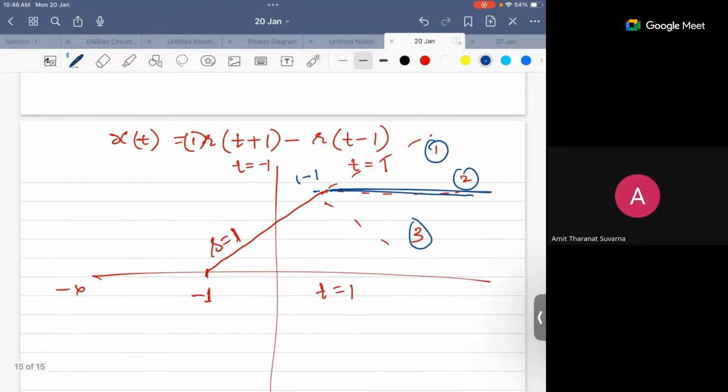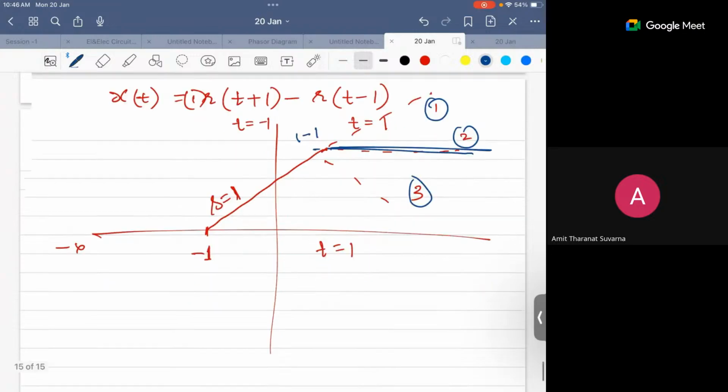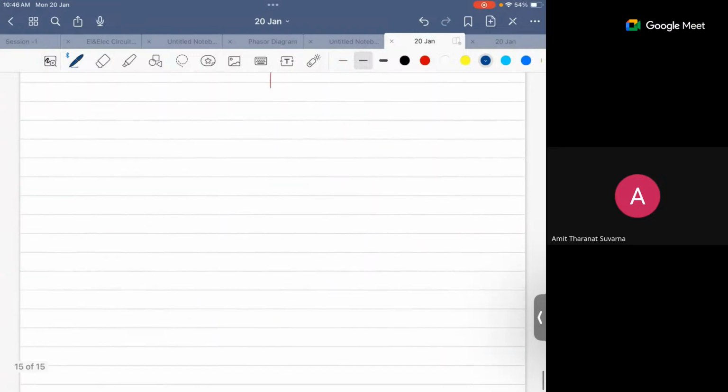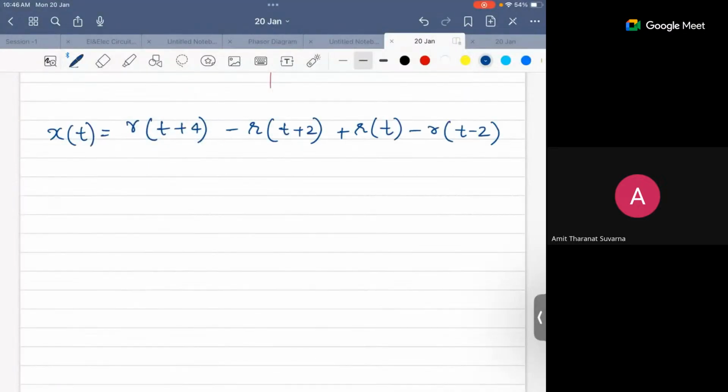Next example: r(t plus 4) minus r(t minus 2). Now tell me.